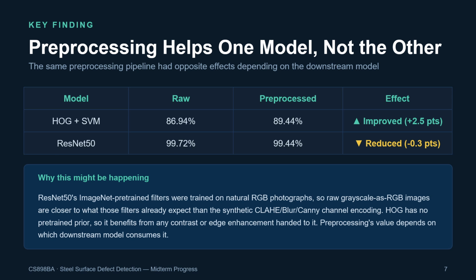Since it already learns all these features on its own, additional pre-processing resulted in a slight decrease in its performance and actually a lower accuracy when compared to the raw images. This comparison shows that traditional machine learning models usually benefit more from pre-processing, while deep learning models are often able to learn useful features directly from the original images.